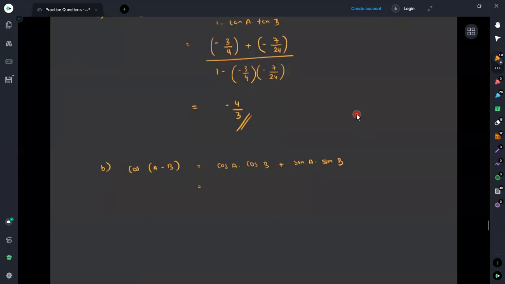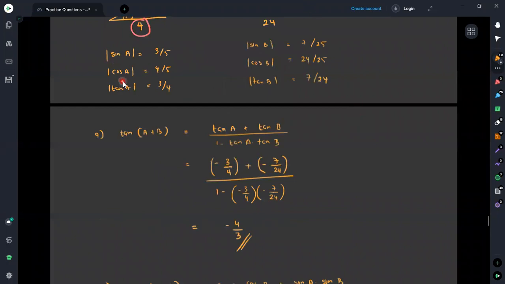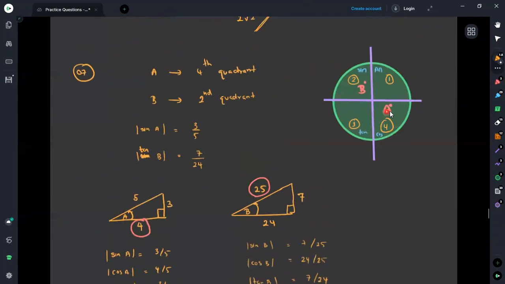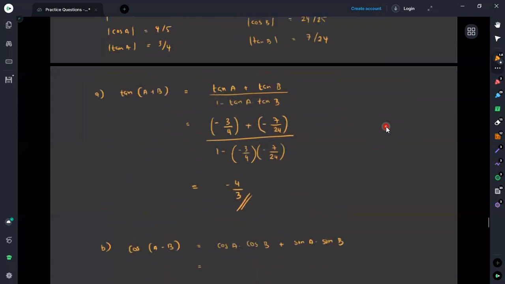Cosine A is 4 over 5, and angle A is in the fourth quadrant, so the cosine value of A should be positive. Then the value of cosine B, B is in the second quadrant, so it should be a negative value. Then we'll get it as minus 24 over 25.